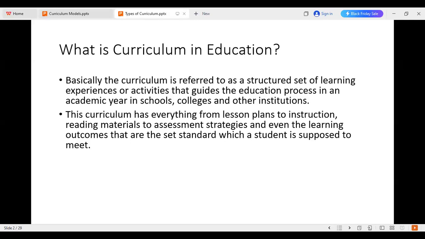That is different from the many definitions we studied. In Sri Lanka, as far as government schools are concerned, we have a centralized curriculum developing mechanism.